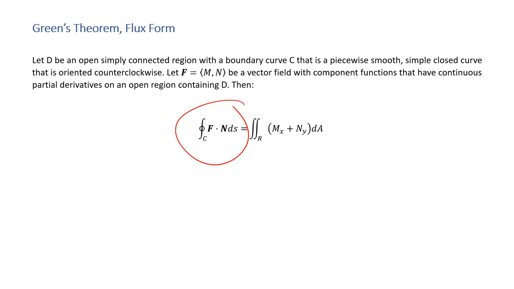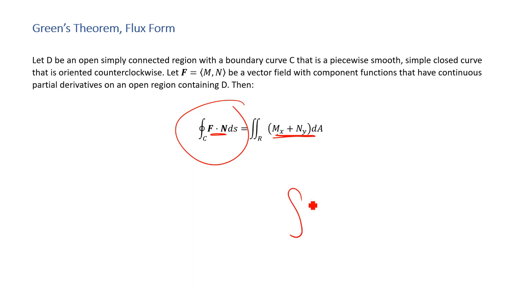So it's the same kind of concept. We have a simple closed curve oriented clockwise. The only difference here is when you're trying to compute a flux, the quantity that you're integrating, this Mx plus Ny, is different than when you're doing a circulation integral.